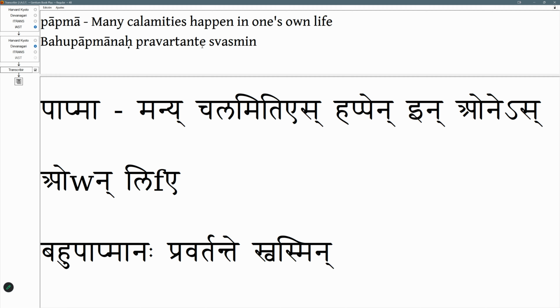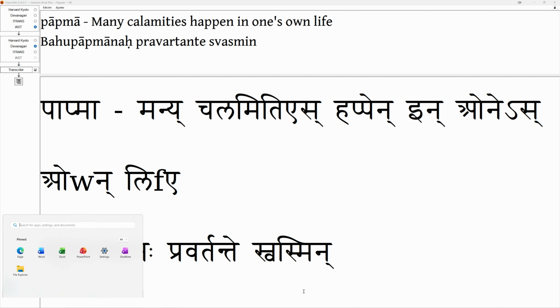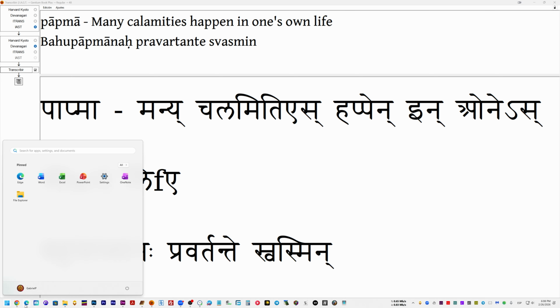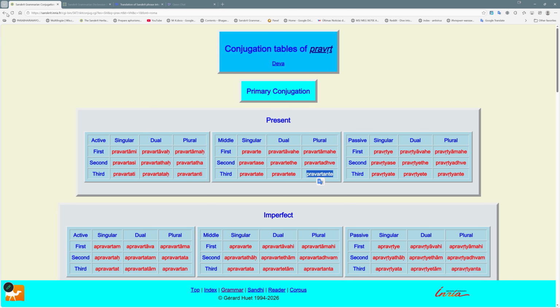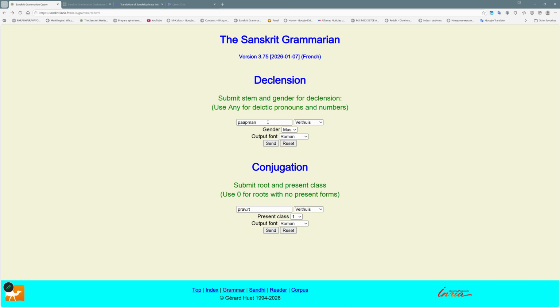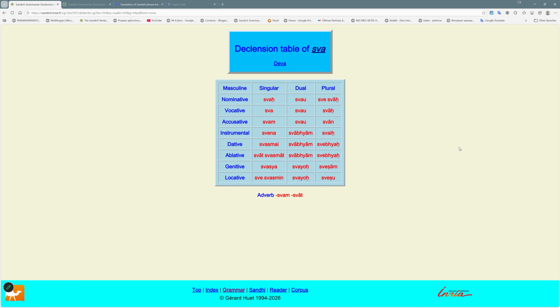Swasmin. So, well, I check with this resource. Me fijo con este recurso cómo declina swa, masculine. Tell me swe or swasmin. In general is swasmin, not swe.